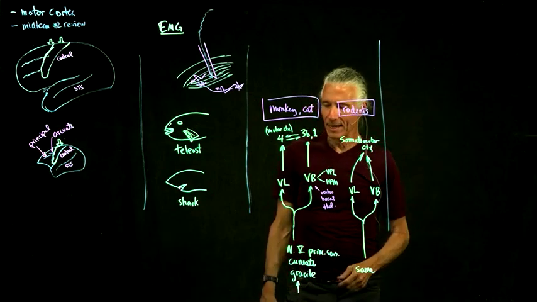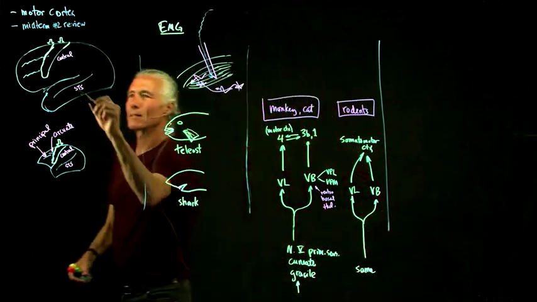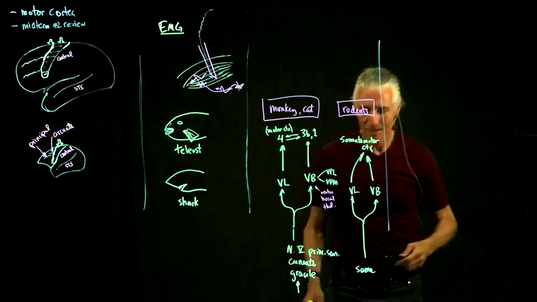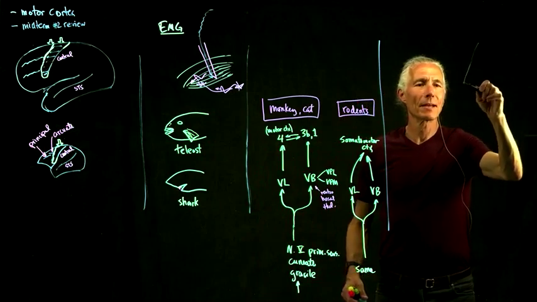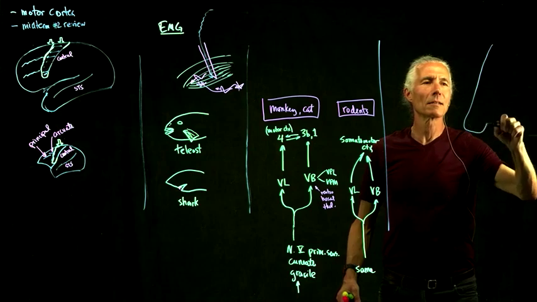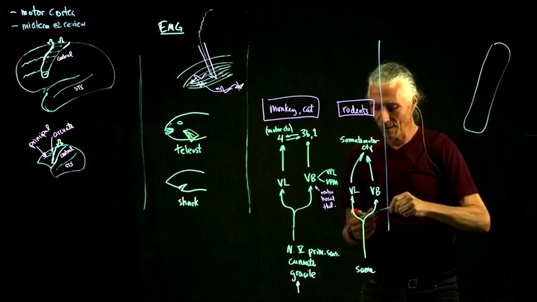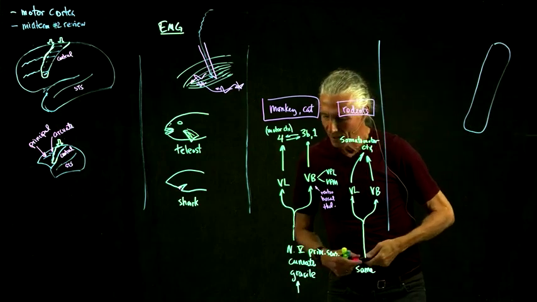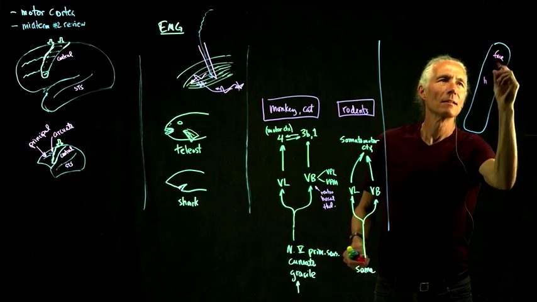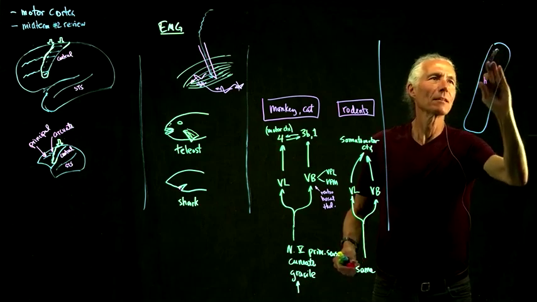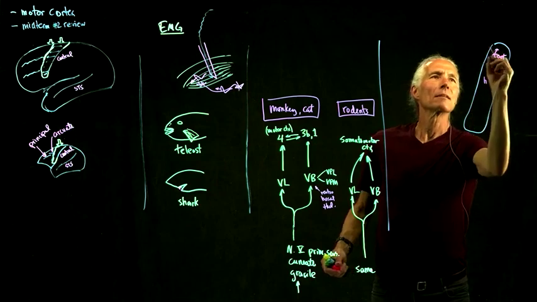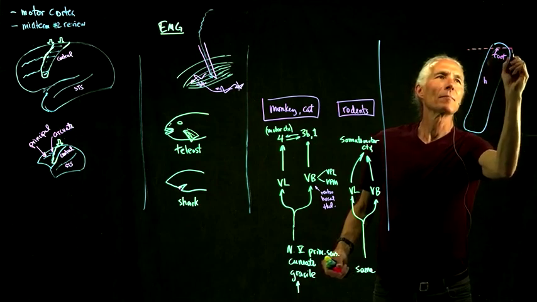Basically we have a big patch of area 4, and it's more or less divided into face, hand, and foot, sorry, backwards. Foot is medial, and this is about the midline.